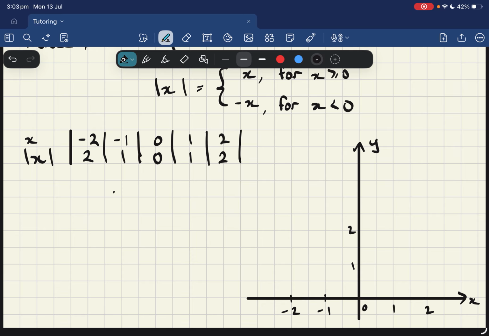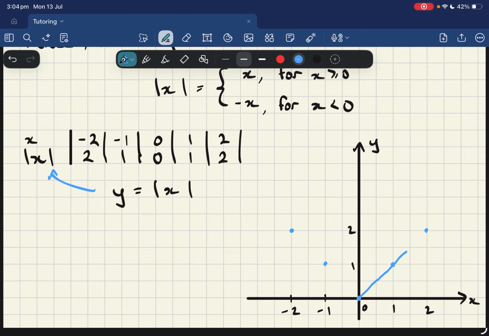So we are going to graph the function y equals the absolute value of x. So our y on our Cartesian plane is just going to be this output here, this absolute value of x. So I'm going to plot all these points in. I have (0, 0), (1, 1), (2, 2), and (-1, 1), (-2, 2).